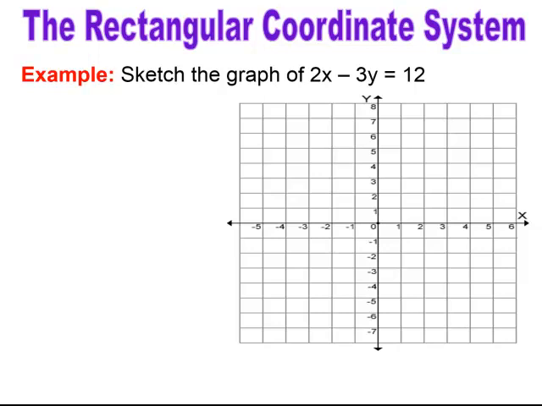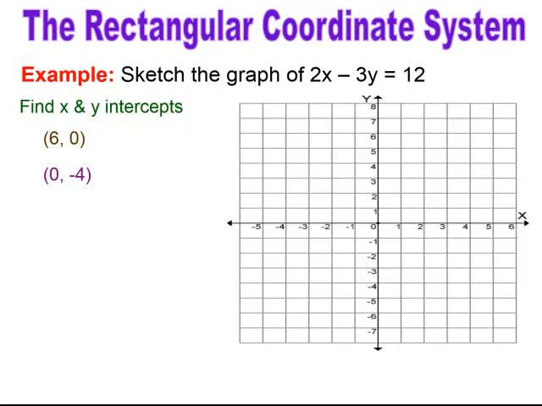So we have this 2x minus 3y equals 12, and in the previous example we found the x and y intercepts to be (6, 0) for my x-intercept, and my y-intercept was (0, -4). I'm going to take these two intercepts and plot them on the coordinate plane.